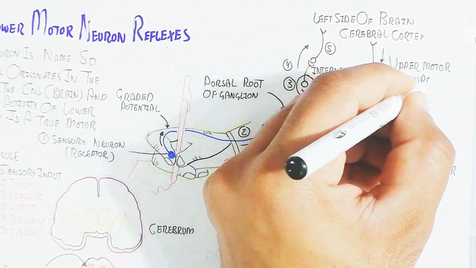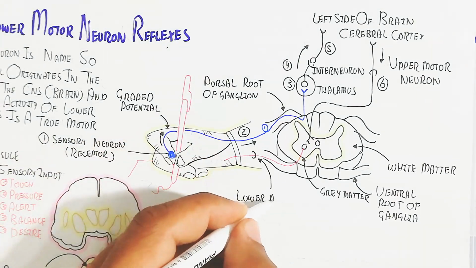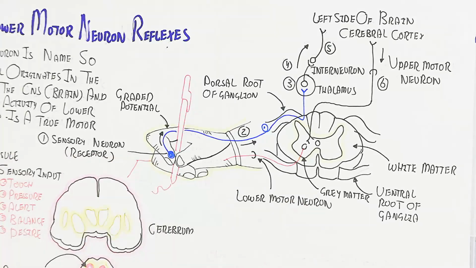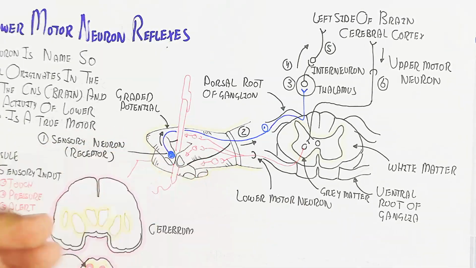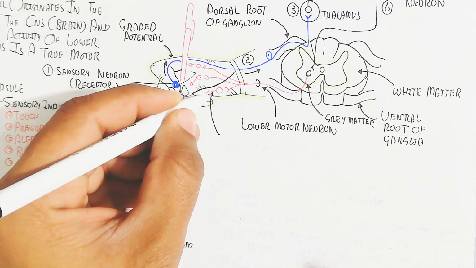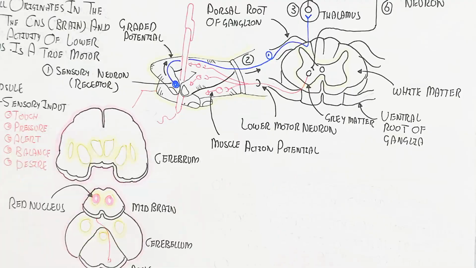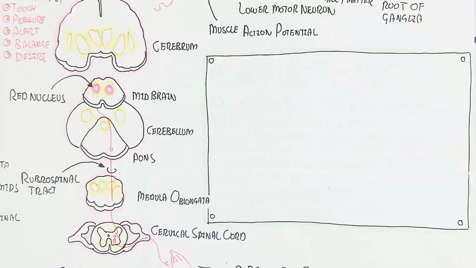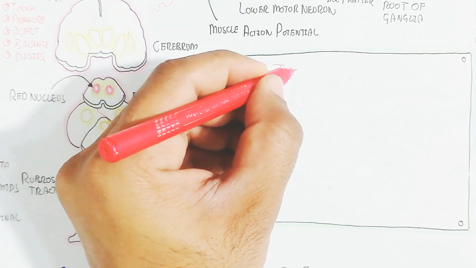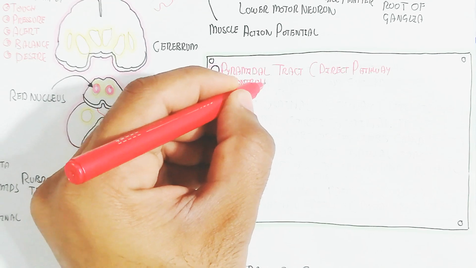After the lower motor neuron synapse, it will target the specific muscles of the hand as a muscle action potential for normal writing. In this way, working and learning, the upper and lower motor neuron reflexes enhance learning skills and work by the response.